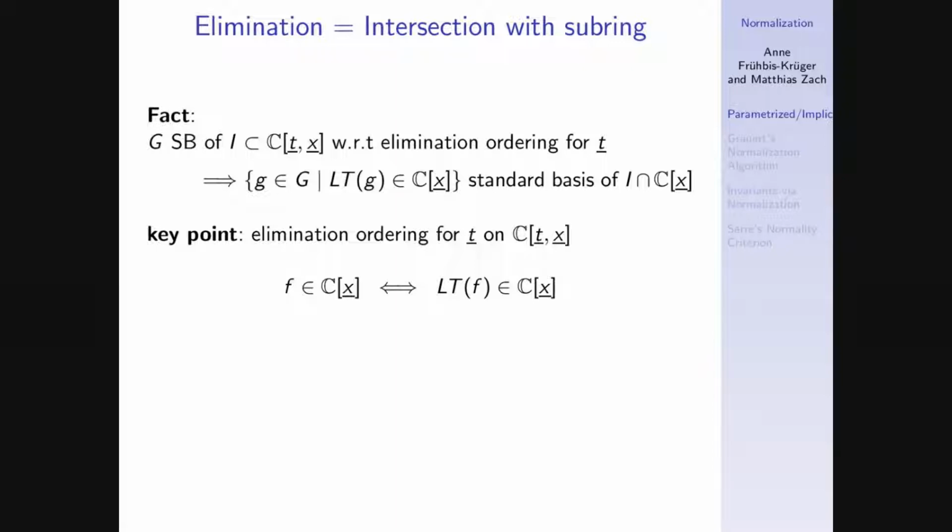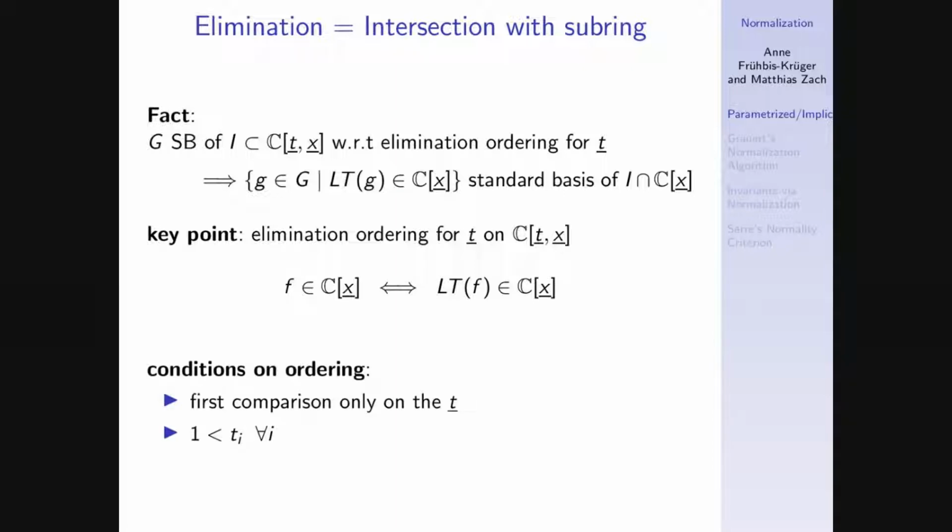That is to say, whenever there is a monomial in the polynomial that involves some t, this has to be bigger than the monomials not involving t, whatever they are. So the condition on the ordering to be an elimination ordering is: first do a comparison only on the degrees in t, and of course 1 needs to be smaller than any t.